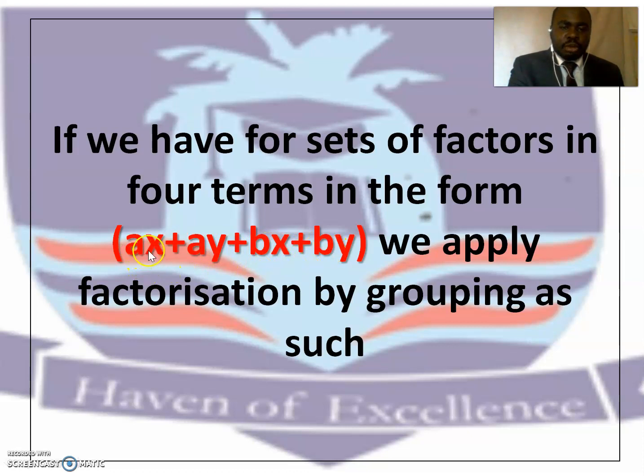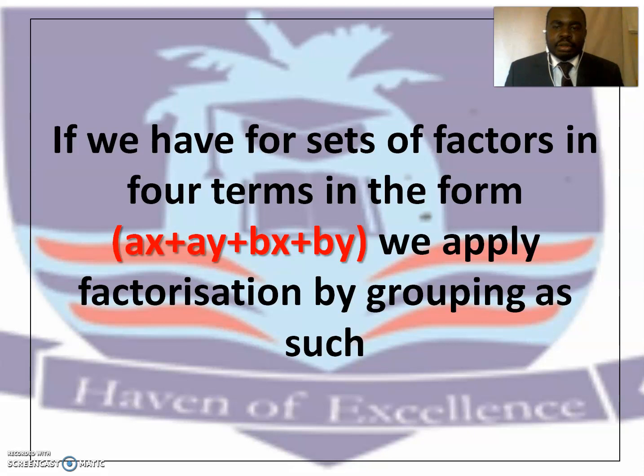We have x common in the first and third term, but not present in the second and fourth term. We have y present in the second and fourth term, but not present in the first and third term. And we have b present in the third and fourth term, but absent in the first and second term. So how do we factorize an expression like this?